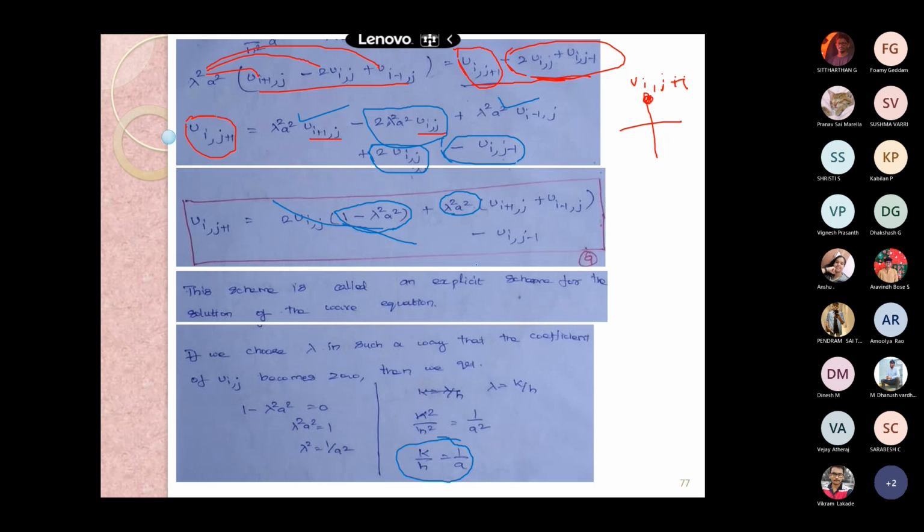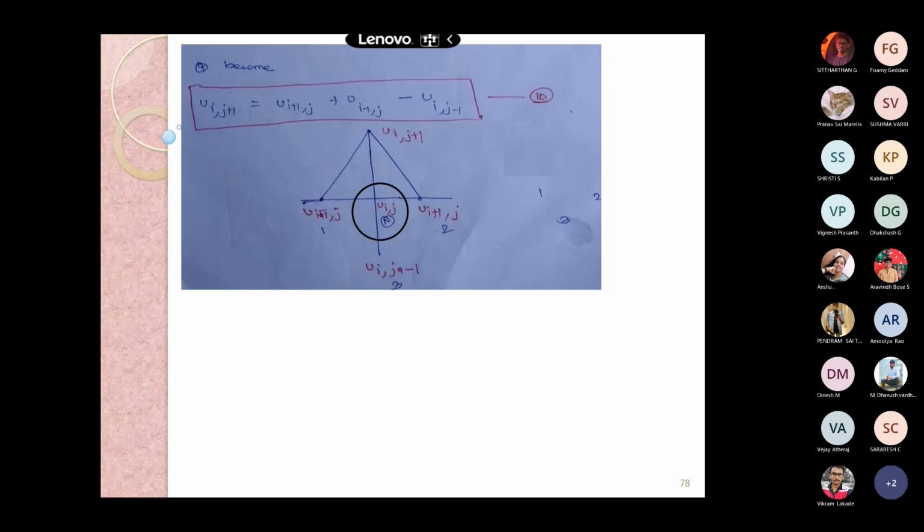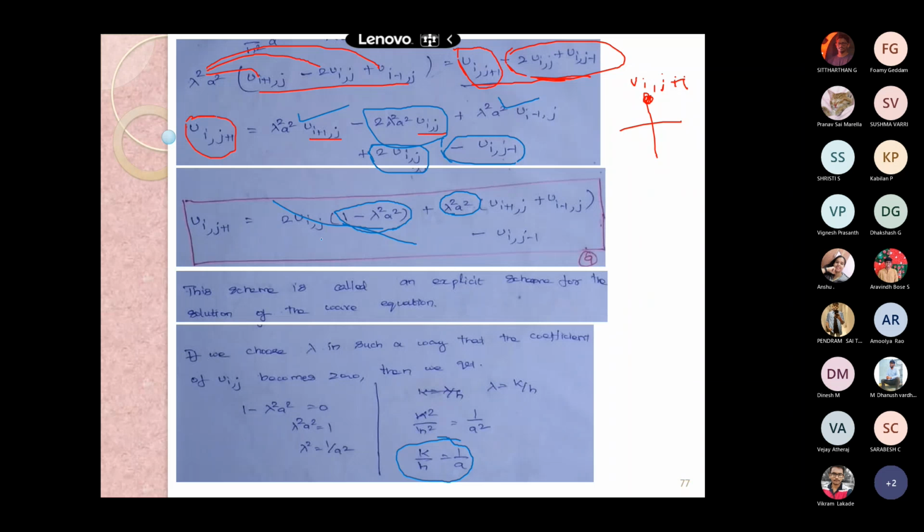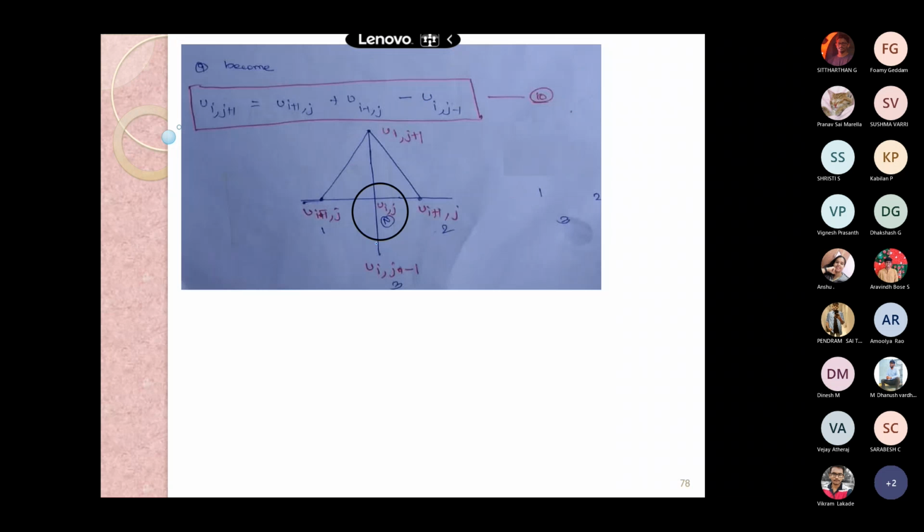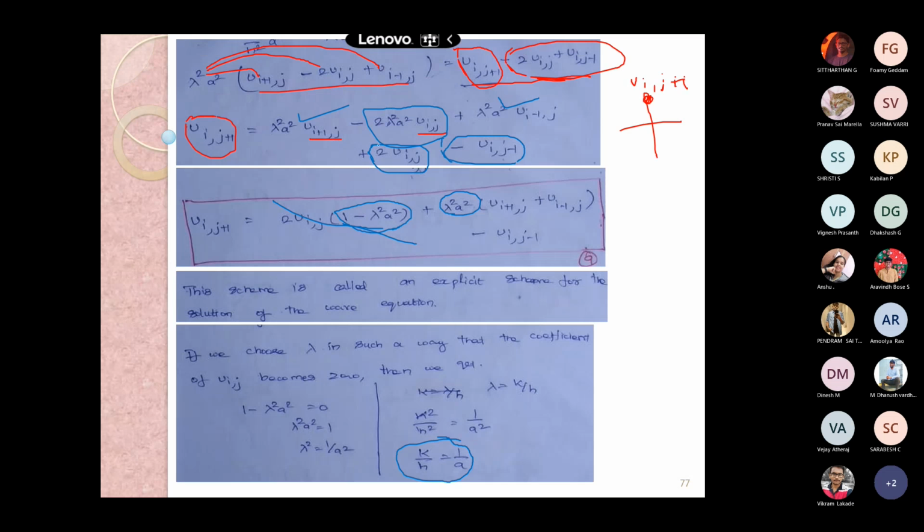Therefore, the entire expanded version of this wave equation is reduced, and this is the reduced form of the wave equation. It doesn't have the term associated with 1 minus lambda square a square, because that is assumed as 0. And here lambda square a square becomes 1.